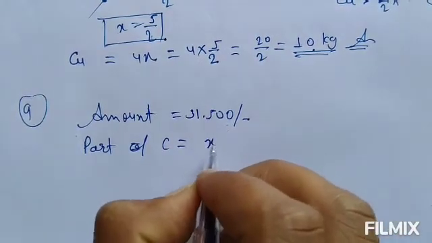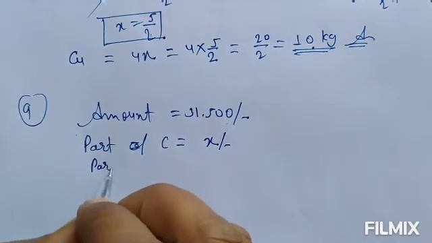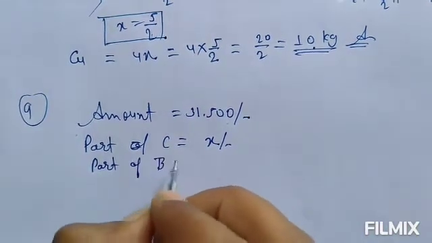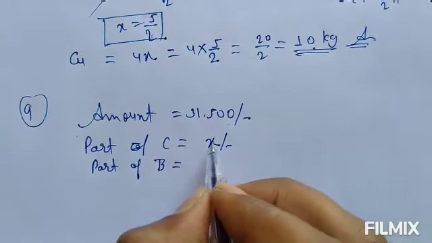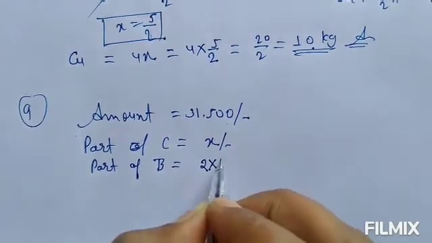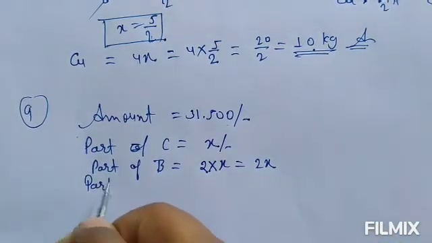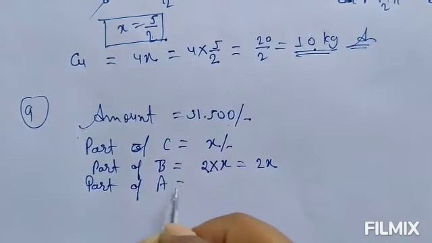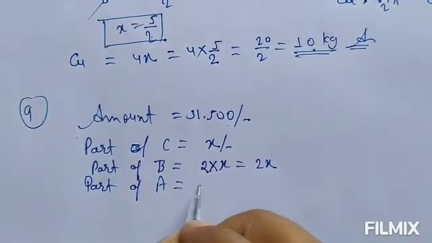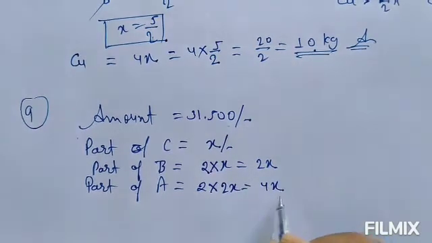is rupees x. Part of B is just double of C. C's value is x, then just double means multiply by 2, 2x. Part of A is just double of B, means 4x.